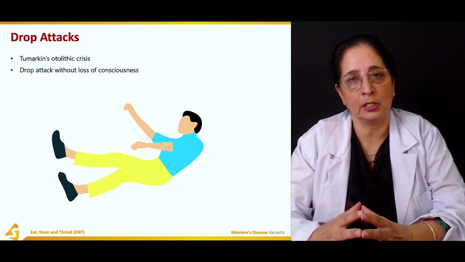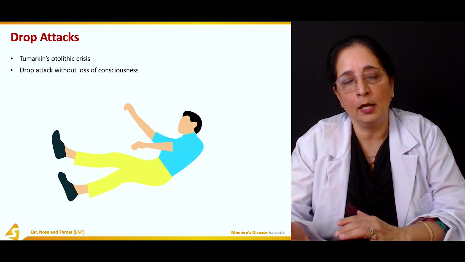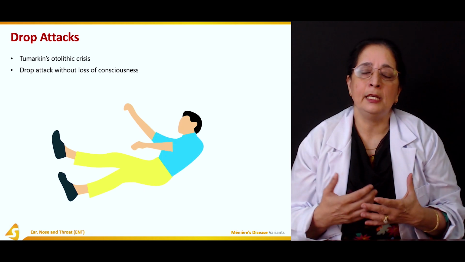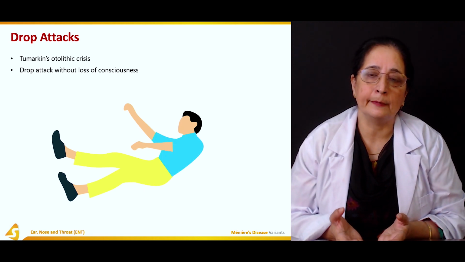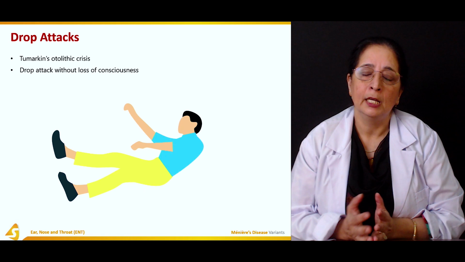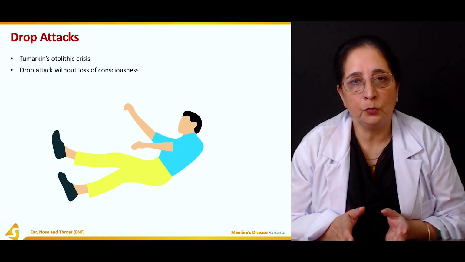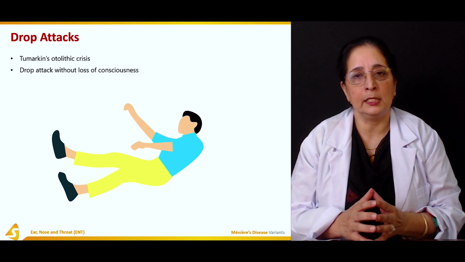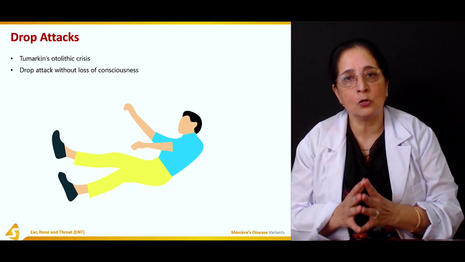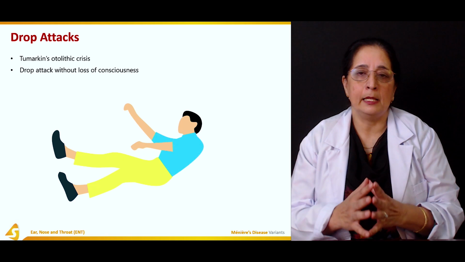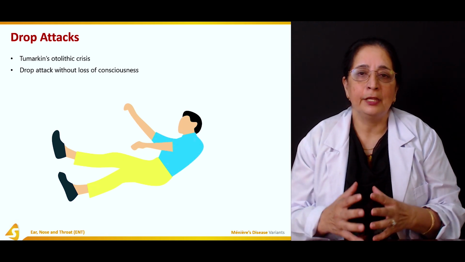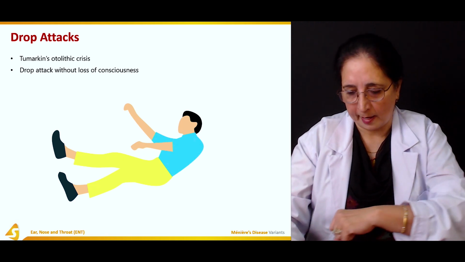The patient is conscious, they drop, they fall, and if they don't hurt themselves and have no injury, they can get up and start doing the routine work they were performing. So the patient regains activity quickly.